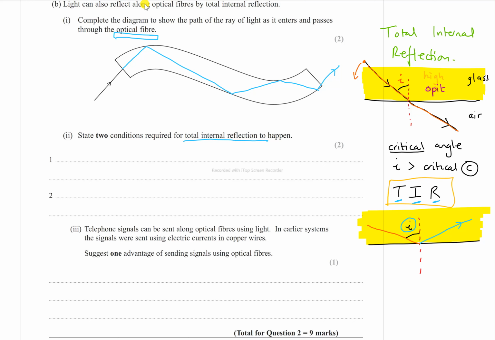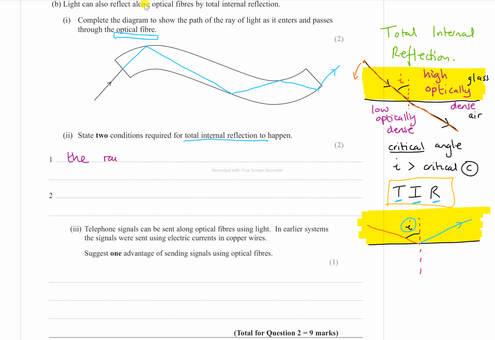Never give up. Optically dense. So this is a high optically dense material, and this is a low optically dense material.